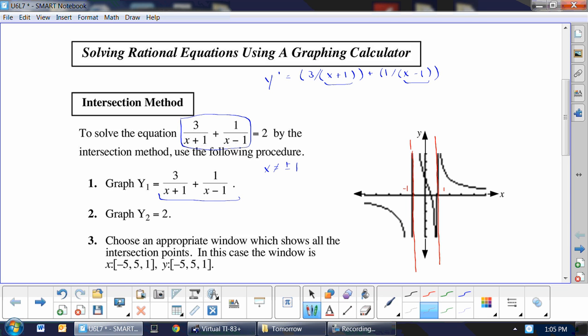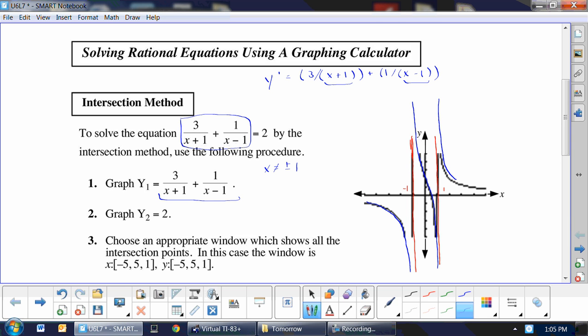These lines here are not part of our graph in the same way that the rest of the lines are. These lines are showing us where our non-permissibles are. If we were to extend our graph, this part where I'm drawing in blue, forever and ever and ever, it would never touch our non-permissibles. It would never touch that red line.